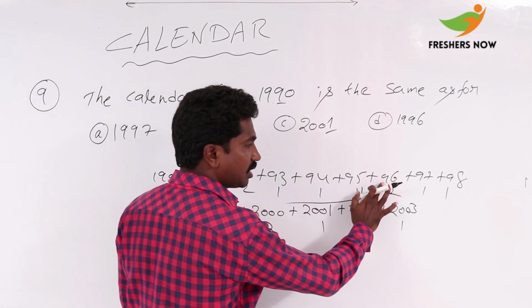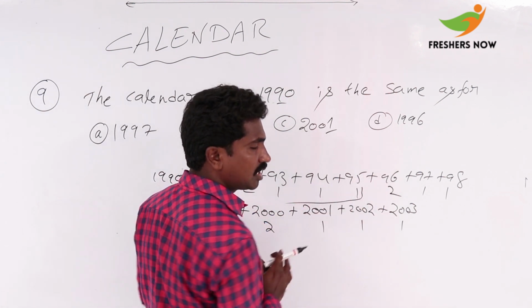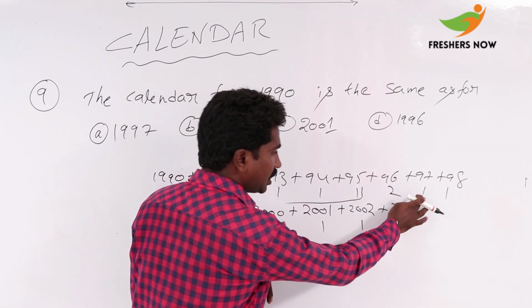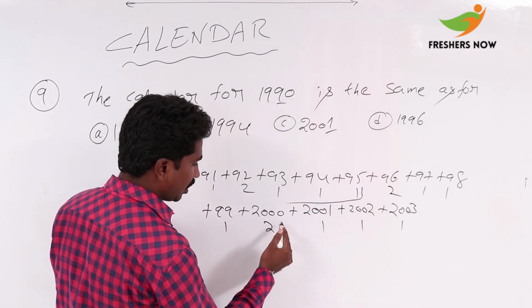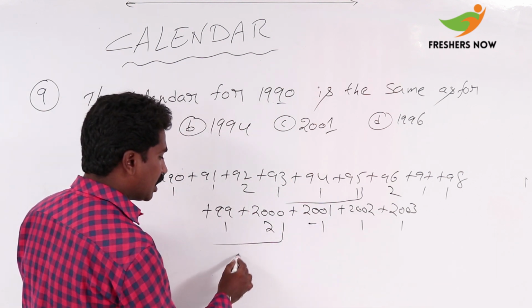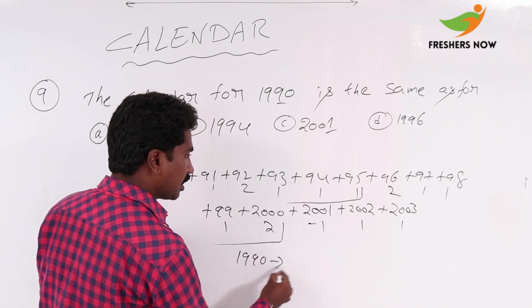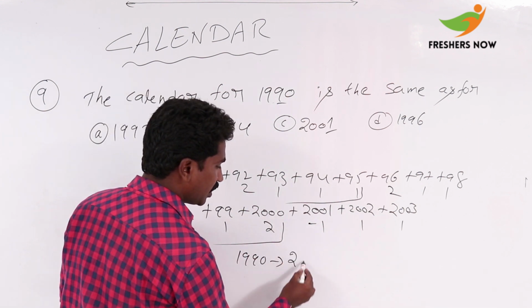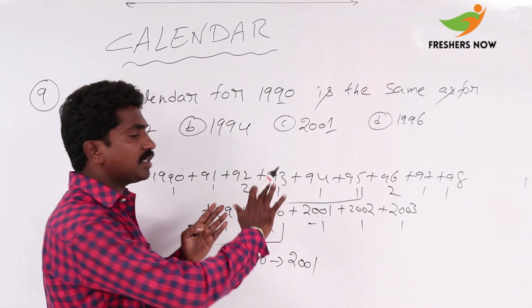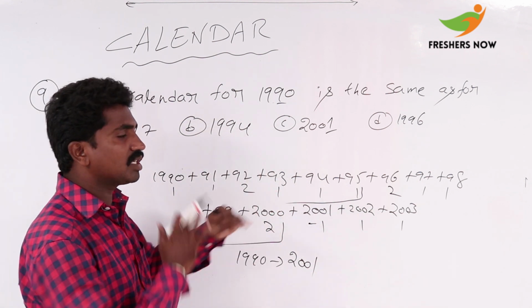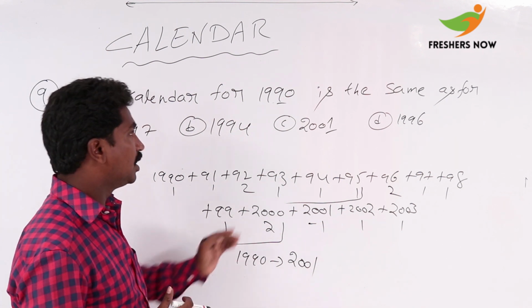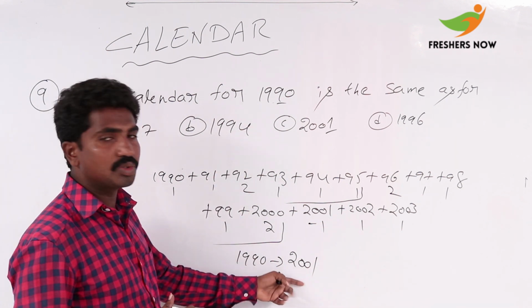The next year 96 is a leap year, so we repeat for another 7 odd days: 3, 4, 5, 6, 7. Up to here 7 odd days. So the next one is 2001. After 7 odd days, if the next year is a leap year, we repeat the cycle up to the next 7 odd days. So 1990 can repeat in 2001.